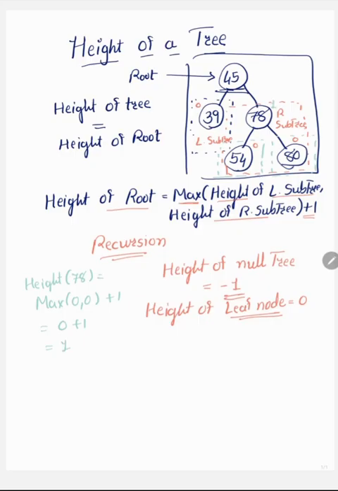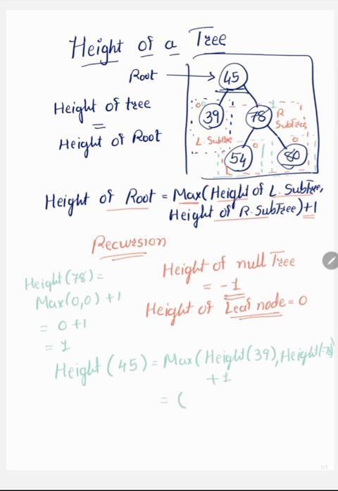Here 39 is a leaf node, so its height is 0. Now if I need to calculate the height of 45, that's the max of the height of 39 and the height of 70, plus 1.